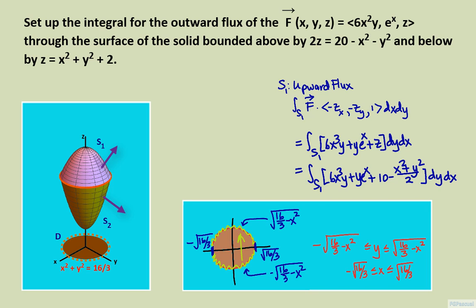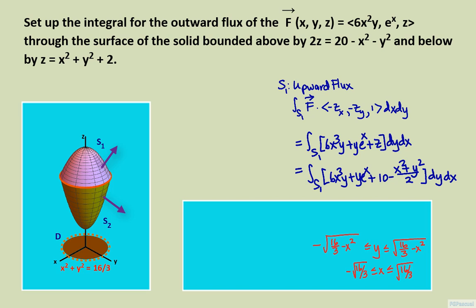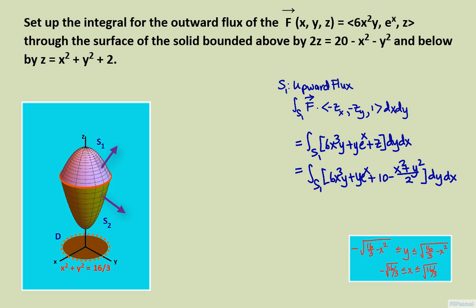So now we can write down the flux integral for S1 with the limits of integration. Integrating with respect to y first and then with respect to x, the outer integral, which should be for integration with respect to x, should have the limits minus the square root of 16 over 3 to the square root of 16 over 3.